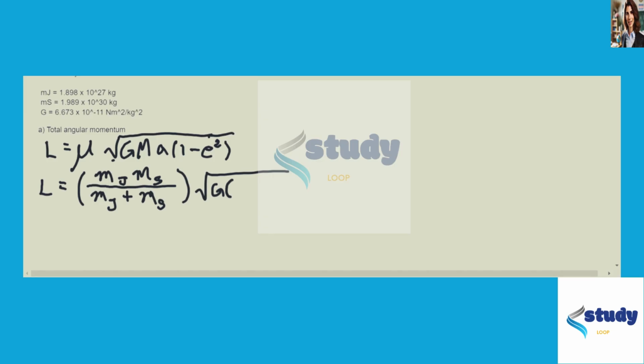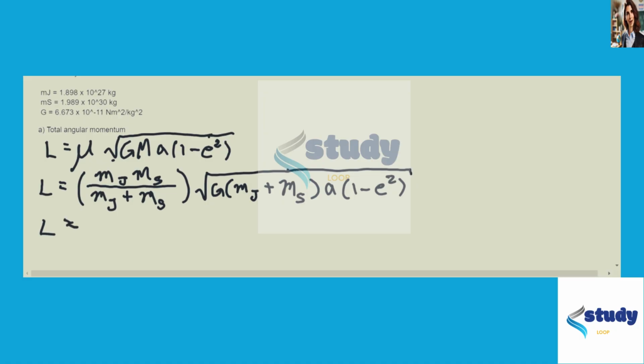Again, that capital M is the total mass, mass of Jupiter plus mass of Sun, times A, times 1 minus the eccentricity squared. This is basically just a big stick it in your calculator type of situation, plug and chug here.